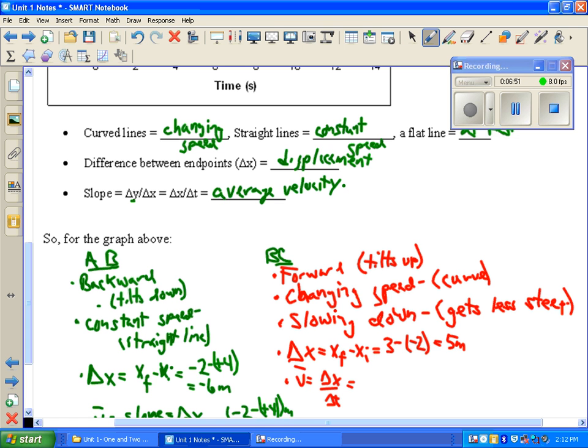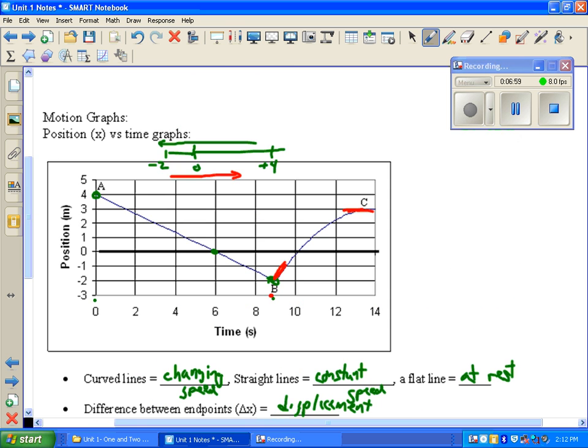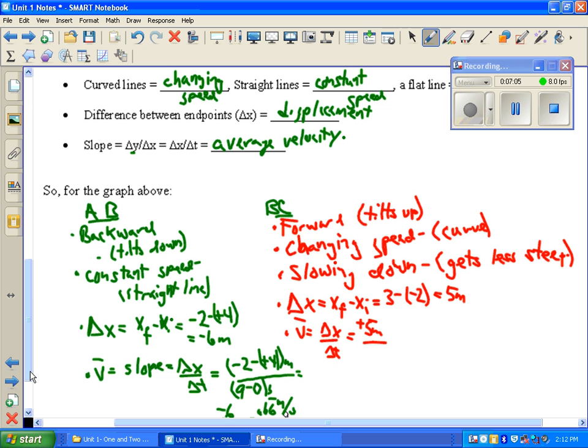We already figured out that delta x is +5 meters. And the time that took, it went from a time of 9 to a time of 13. 13 minus 9 is 4 seconds. So we're going to write down here over 4 seconds. And that's going to give me an average velocity of 1.25 meters per second. And it's positive because it's going forward, and the graph tilts up. All of those things match.